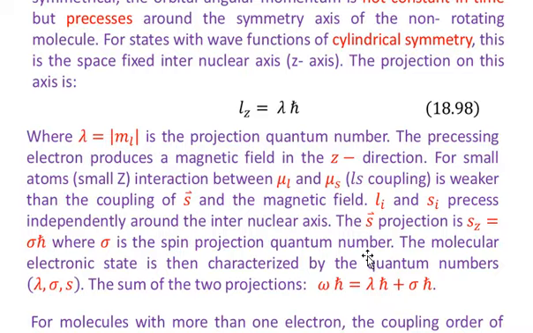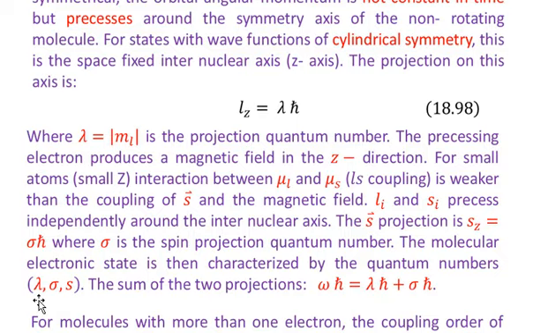So in molecular physics, we shall now be talking more about lambda, the orbital projection quantum number, and small sigma, the spin projection quantum number. The molecular electronic state is then characterized by the quantum numbers lambda, sigma, and S. These three quantum numbers will be frequently used to characterize a quantum state of the molecule.